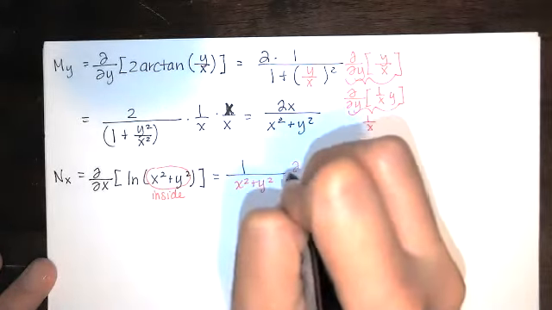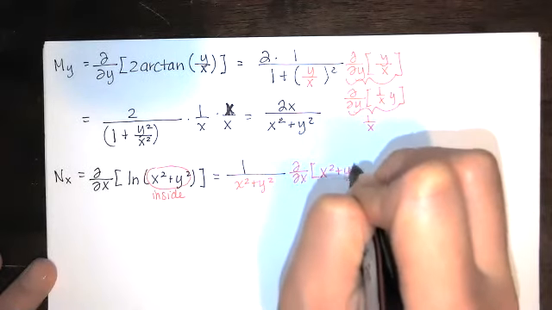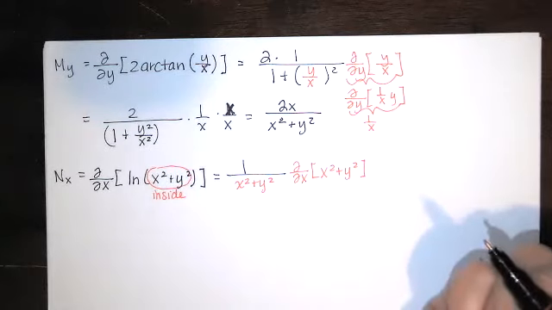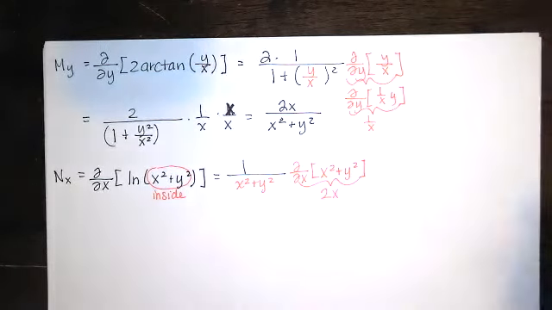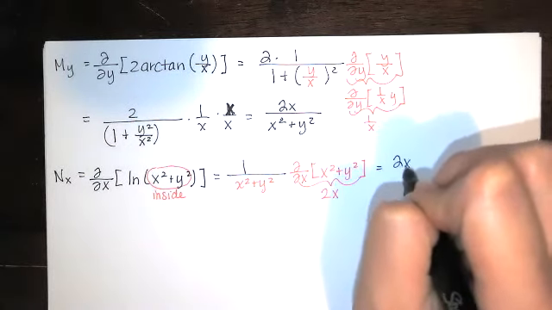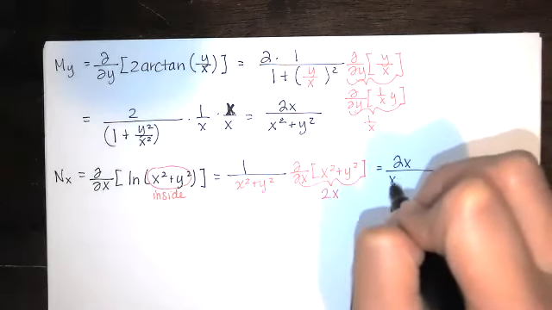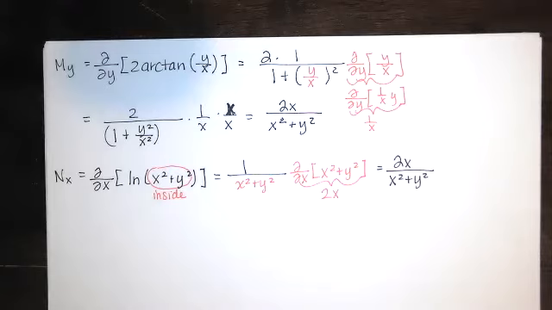And then we multiply by the derivative of the inside with respect to x, treating y as a constant. We get 2x over x squared plus y squared. So that's continuous.